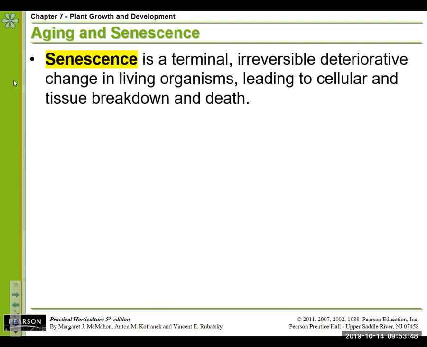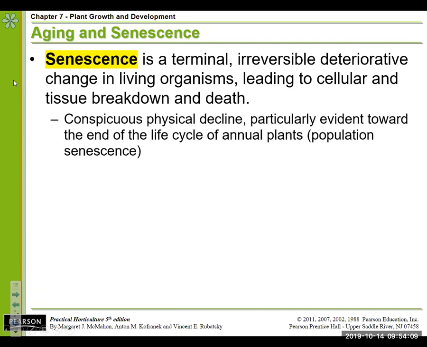So when a plant reaches maturity and starts to get close to the end of its life cycle, we have senescence, which is this irreversible change that leads to the breakdown of cells and tissues, and then eventually the death of the plant. So we'll start to see considerable decline that is very evident near the end of their life cycle. In annual plants, we see that along with the environmental cues. Once we start to get those low temperatures, they're going to senesce and die.